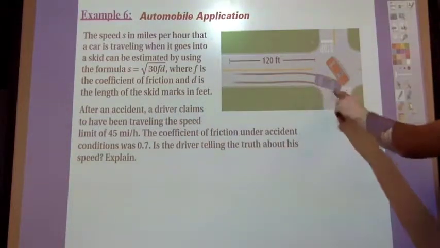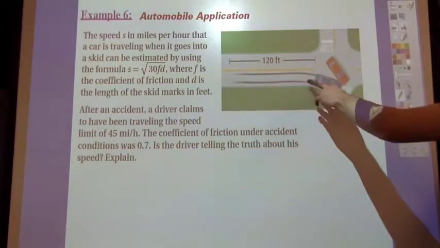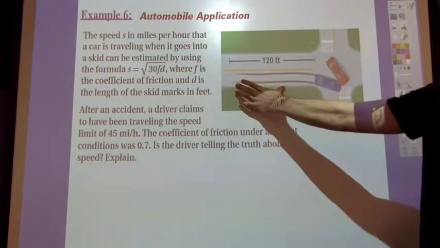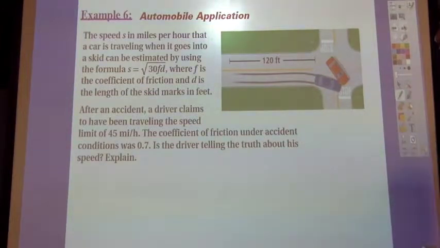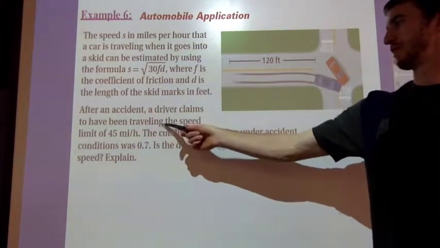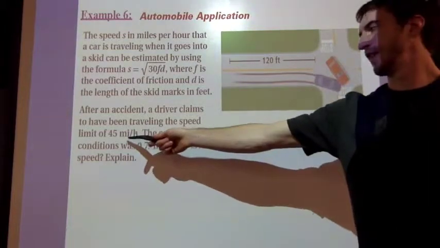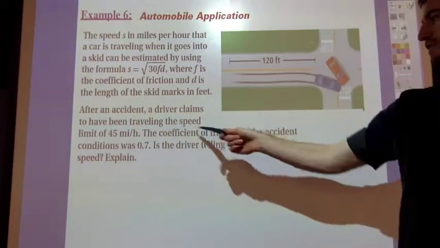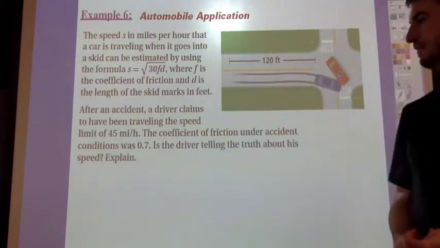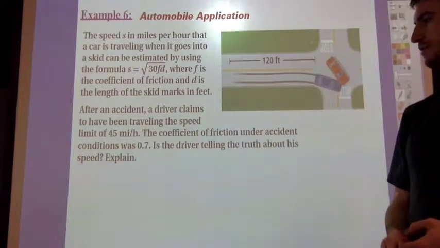According to the picture here, we've got a skid mark of 120 feet. After an accident, a driver claims to have been traveling the speed limit of 45 miles per hour. The coefficient of friction under the accident conditions was 0.7. Is the driver telling the truth?